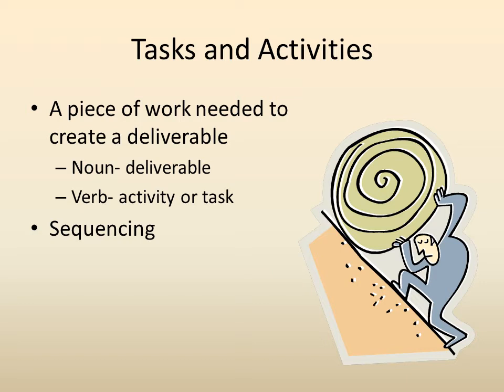But if we say writing the report or getting the report approved, those are verbs and those are activities or tasks. And one of the most important things that we'll do with tasks is talk about sequencing. Some tasks have to come before others, just in a logical sequence. And that's how project schedules are put together.